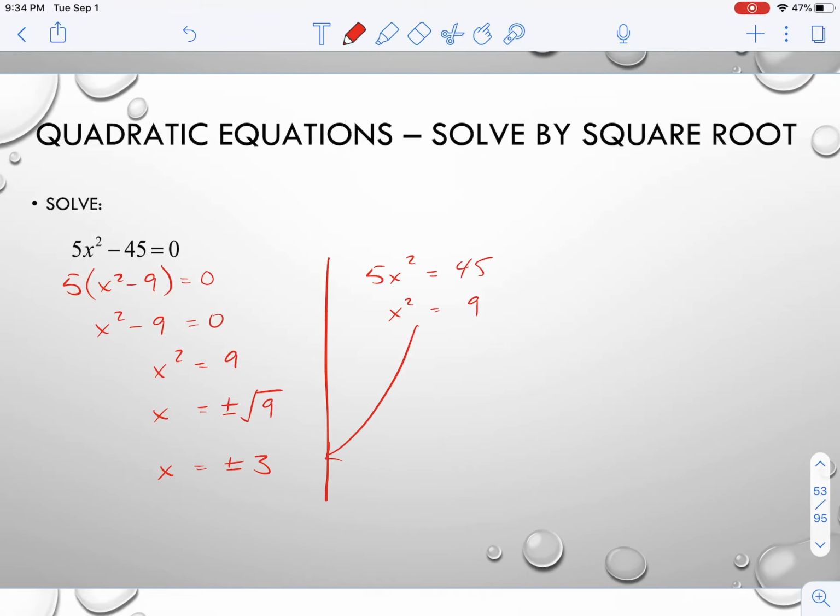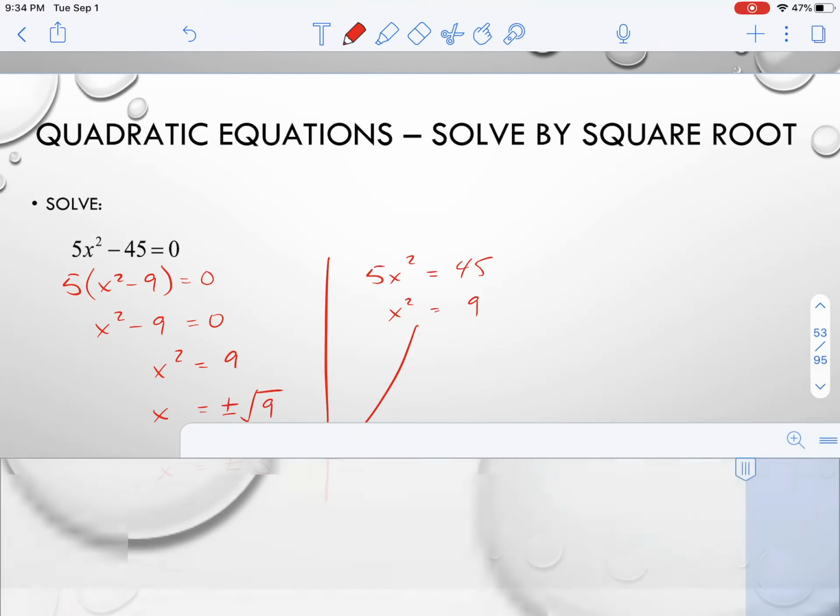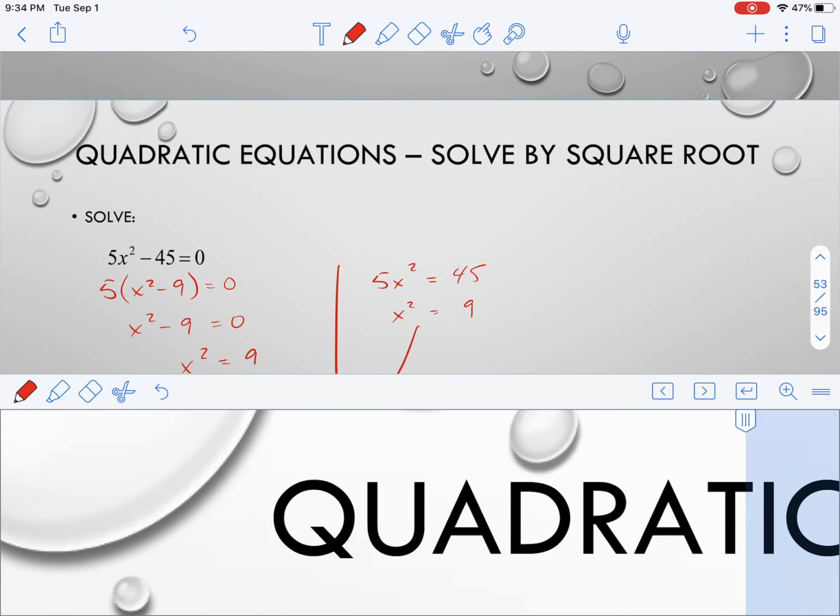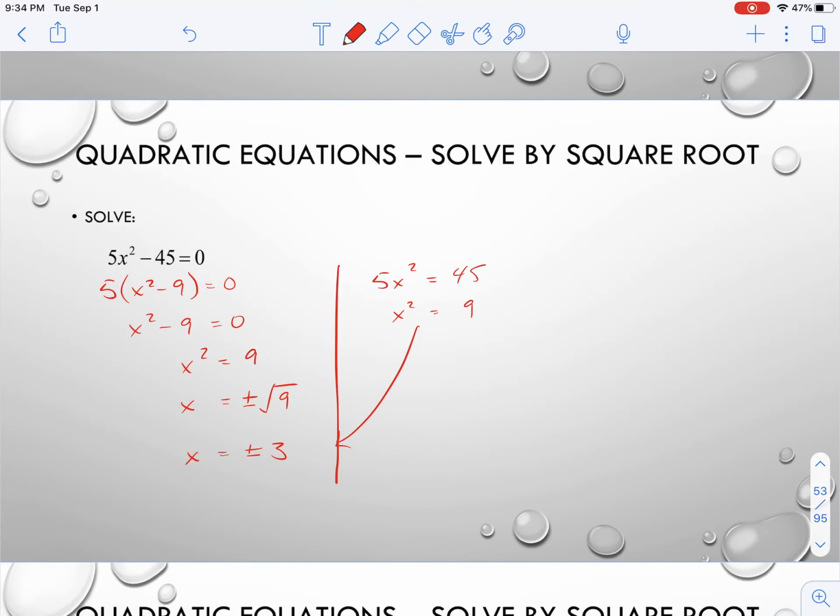The other thing I could have done once I factored the 5 out, I had 5 times x squared minus 9 equal to 0. I could have also factored this as a difference of squares, x plus 3 times x minus 3. This worked simply because I had a perfect square factor of 9 there, right?